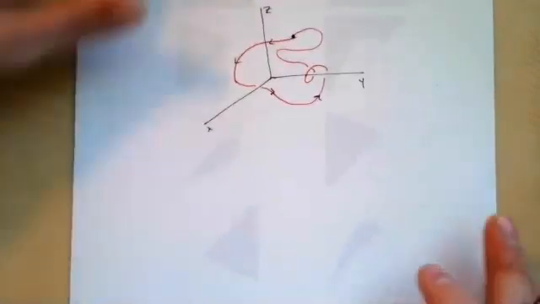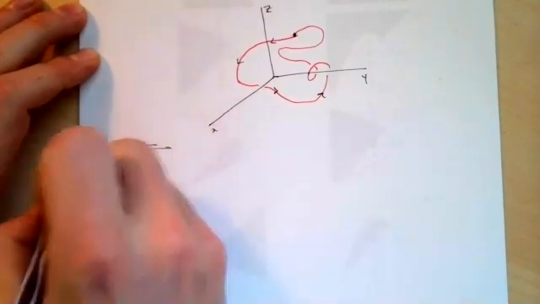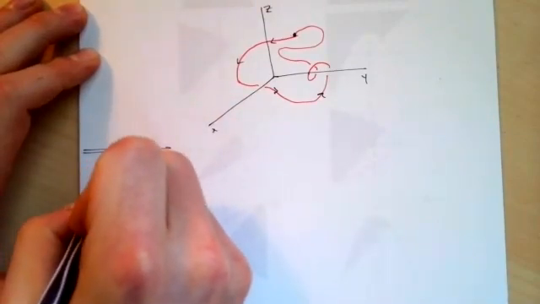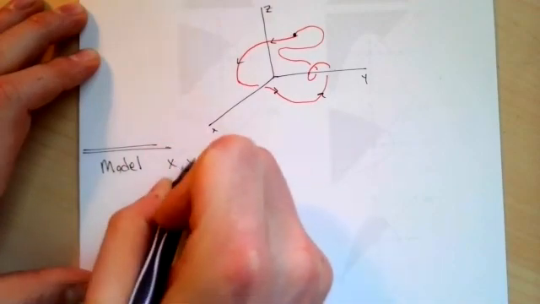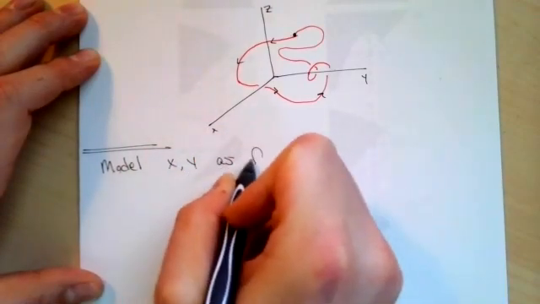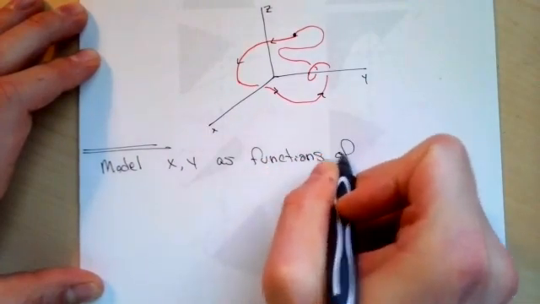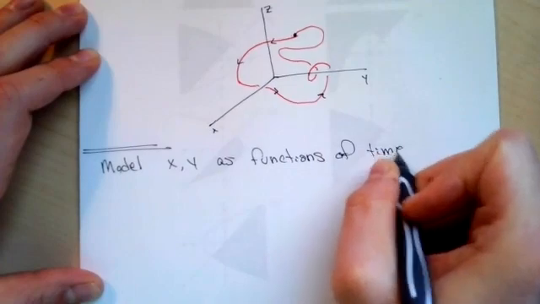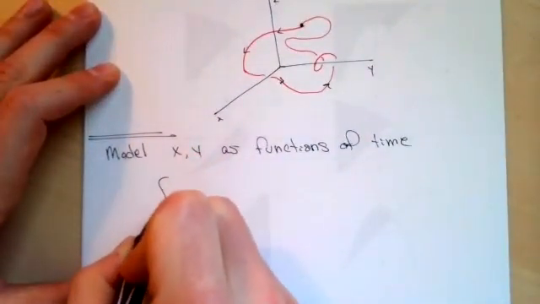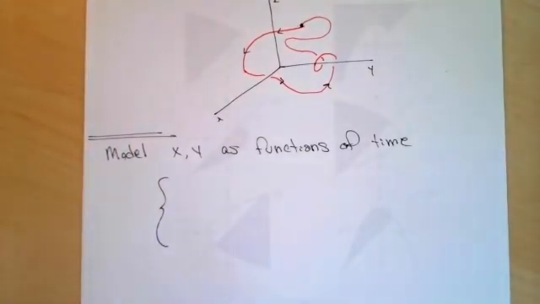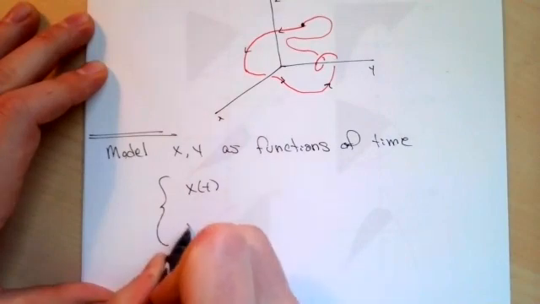So the way we do this, again, our idea was to model x and y as functions of time. And so the way it's written, we typically write maybe a left bracket, and when we have x of t and y of t.